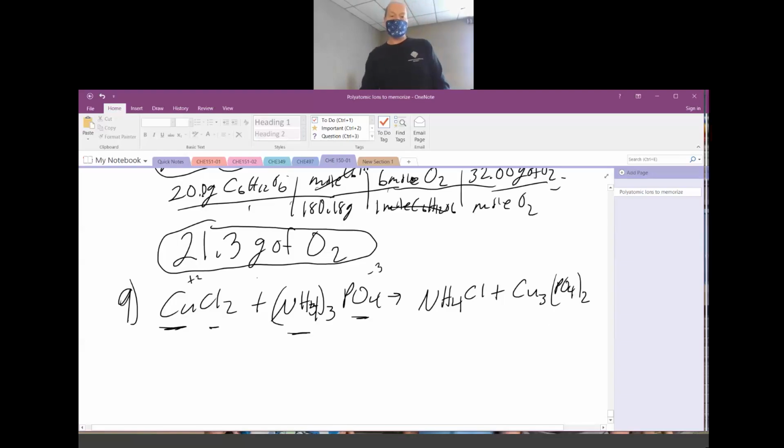All right, and then to balance it, we have 3 coppers over there. We need 3 coppers over here. We have 3 ammoniums on the left. We need 3 ammoniums on the right. What am I doing here? That would be phosphates.